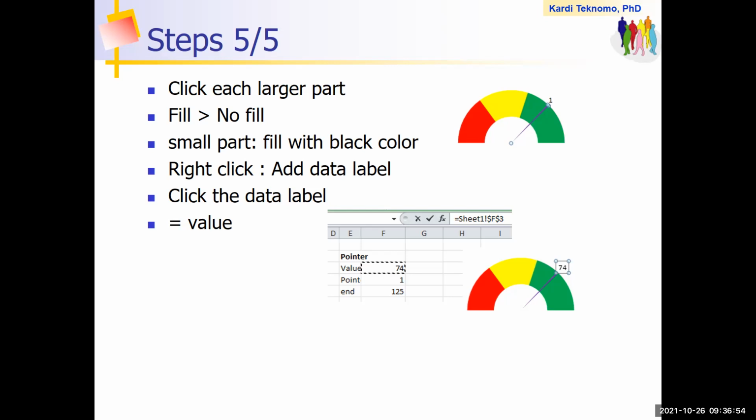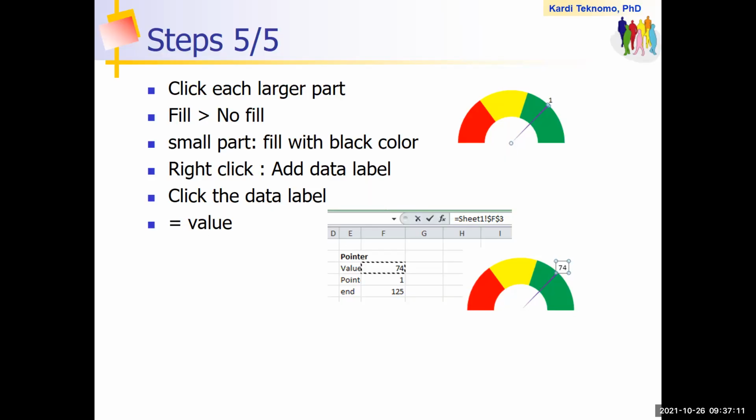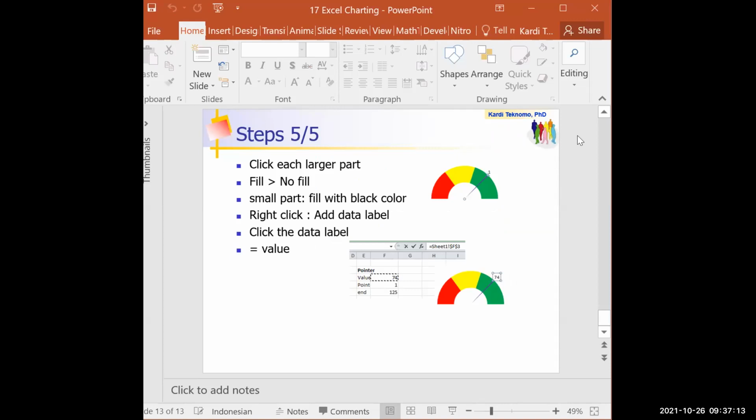Okay, and then right click and then add the data label. Okay, put into values. Then when you change the value, press F9, you will have different type. Okay, so try to do this exercise. Yeah, 2 exercise. Yeah, and then you show me when you finish.